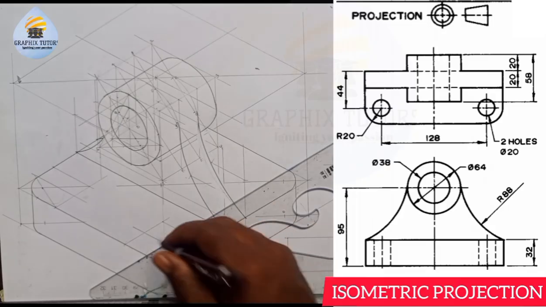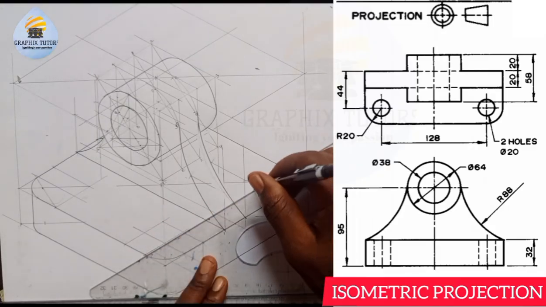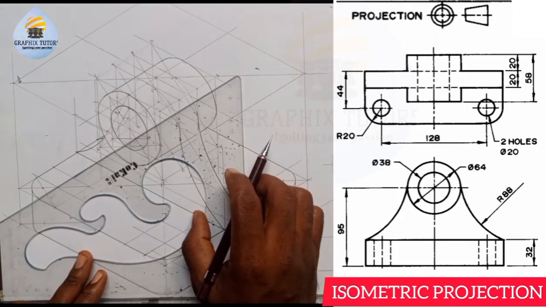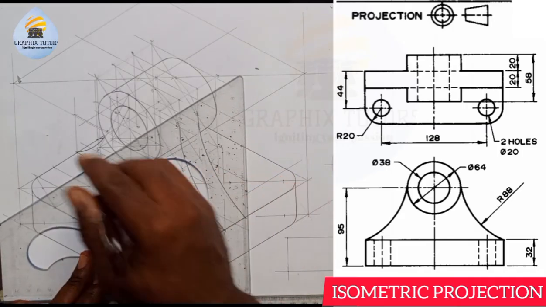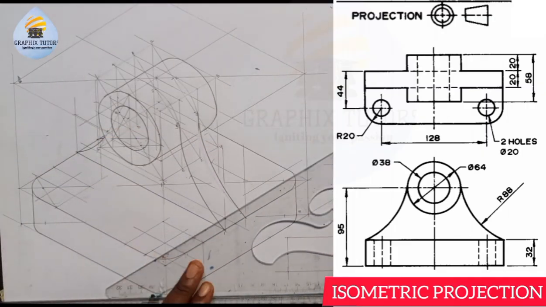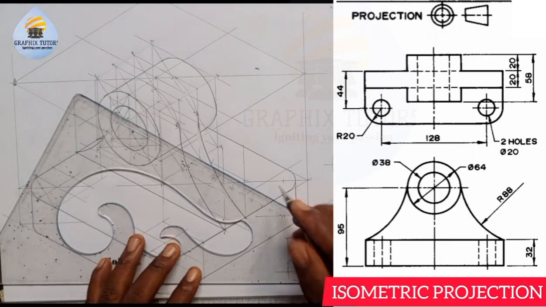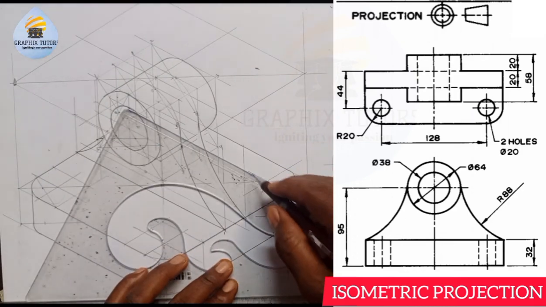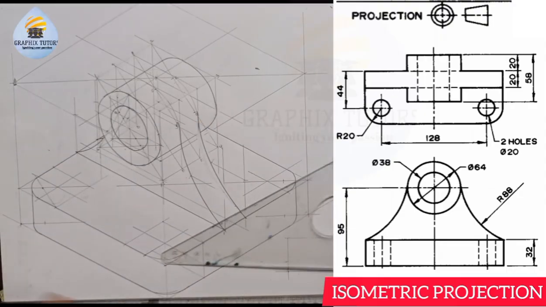Then we have this, this, those points you measured earlier. This, where they intersect, draw a line across. And you can close it up if you want to.